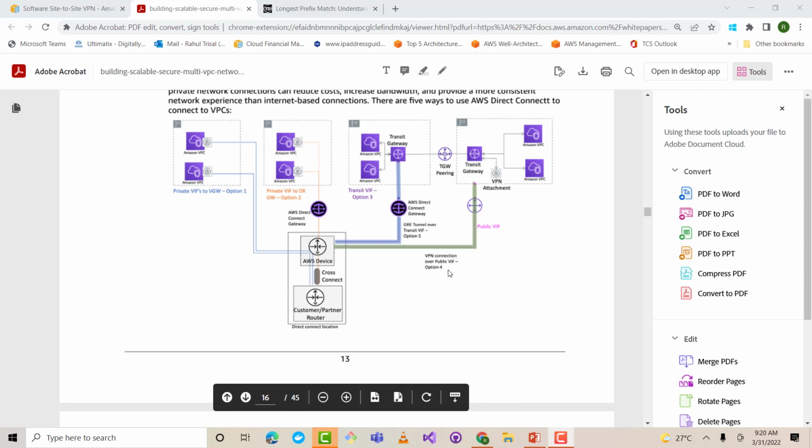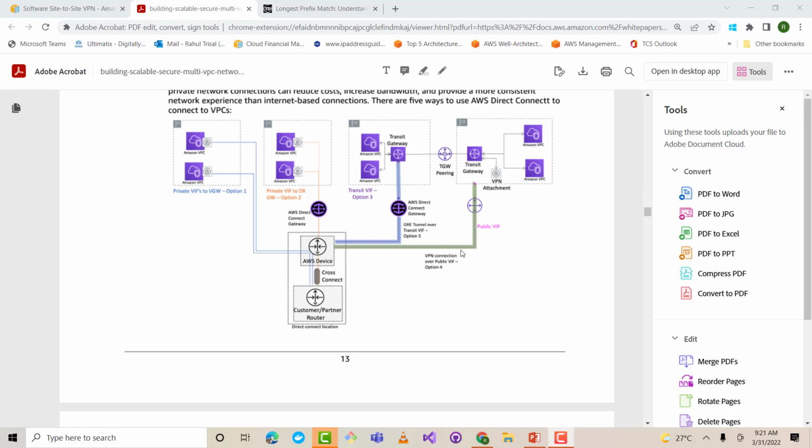The fourth option is if there are certain services which you want to access using public IPs, then you can establish a VPN connection over the public VIF and then connect to these VPCs. So these are the four connectivity options you have with direct connect. You need to remember all these and the limitations at a high level, because the questions could ask you, okay, you have multi-region VPCs, how do you establish hybrid connectivity?